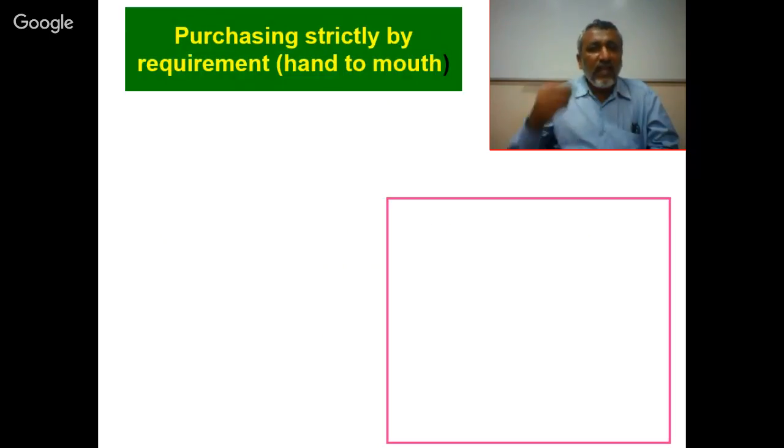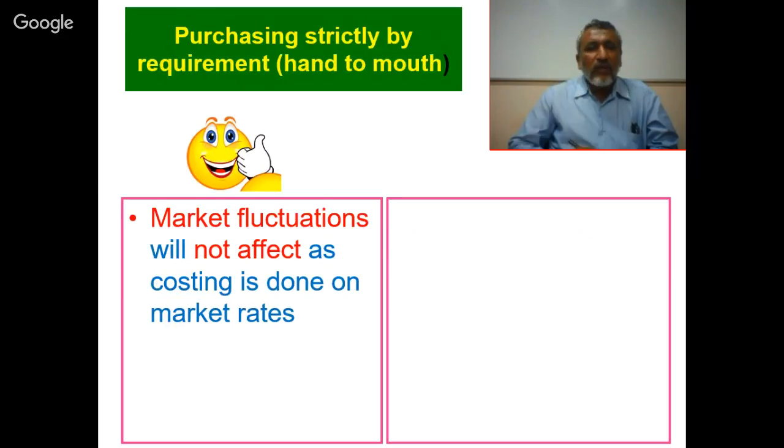Let's now discuss the advantages and limitations of hand-to-mouth purchasing. We'll first discuss the advantages. The number one advantage of hand-to-mouth purchasing is that the market fluctuations will not affect the industry. That is because when the industry receives an order, it will calculate the cost as per the market price of the materials.